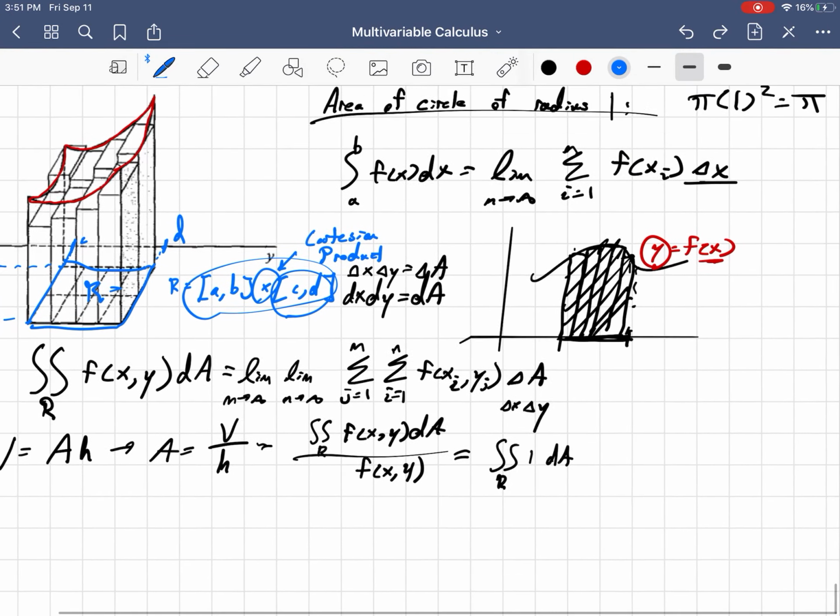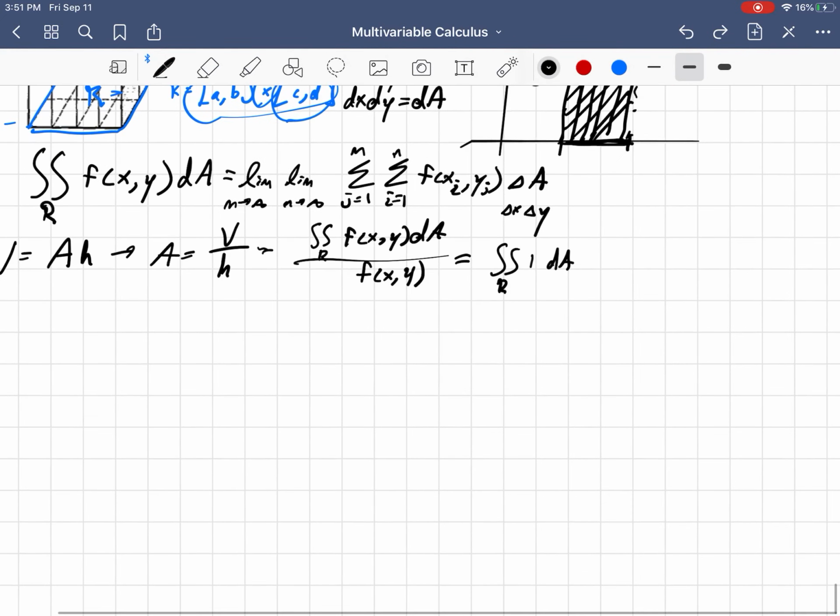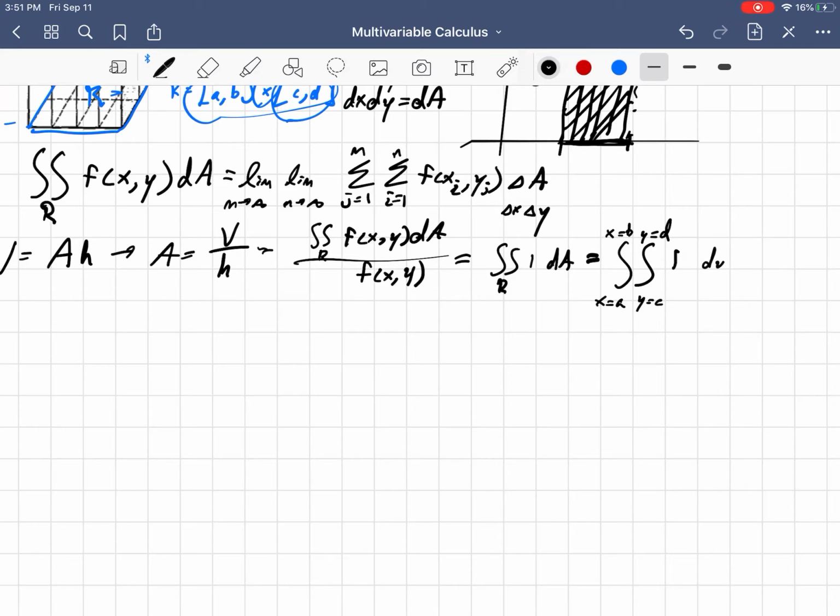If we were to write this instead, we could write it as the double integral from, say, x equals a to x equals b, y equals c to y equals d of 1. And now you have to write here dy dx.